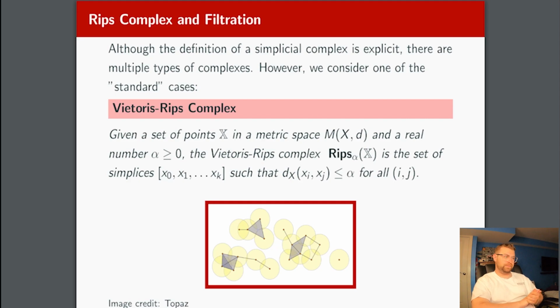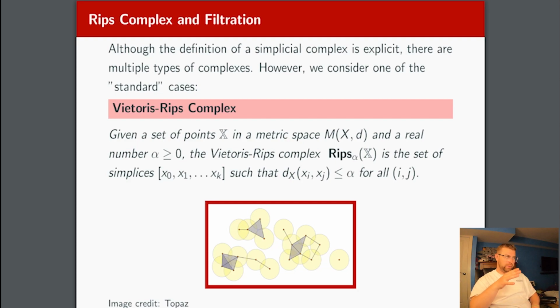I know that's a lot, but the idea is I have some data, I can construct this Rips complex on top of it, and that gives me some idea of distance and correlation. This is just a quick, dirty example of a Rips complex on this data set of little red points, and we can see 0, 1, 2, and 3 simplices form when I make alpha big enough. That's the idea here.